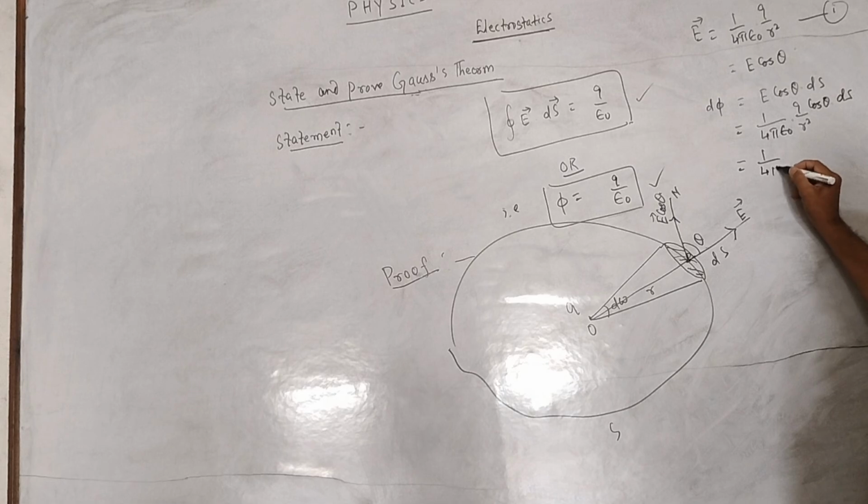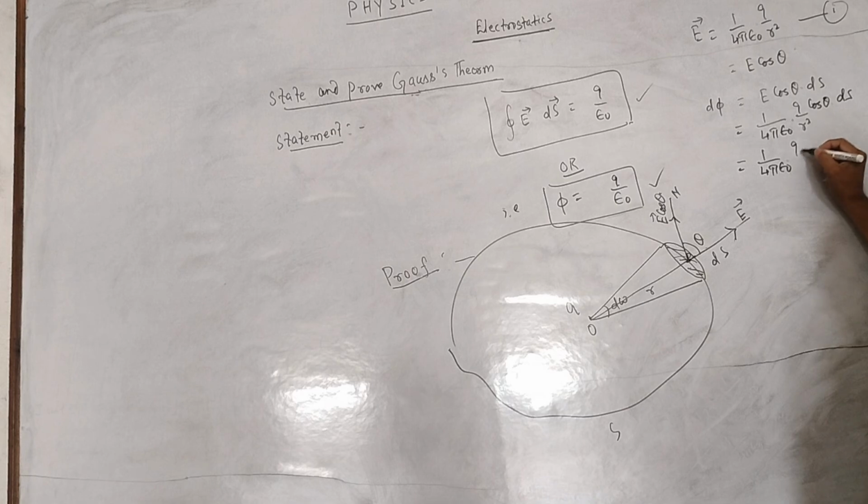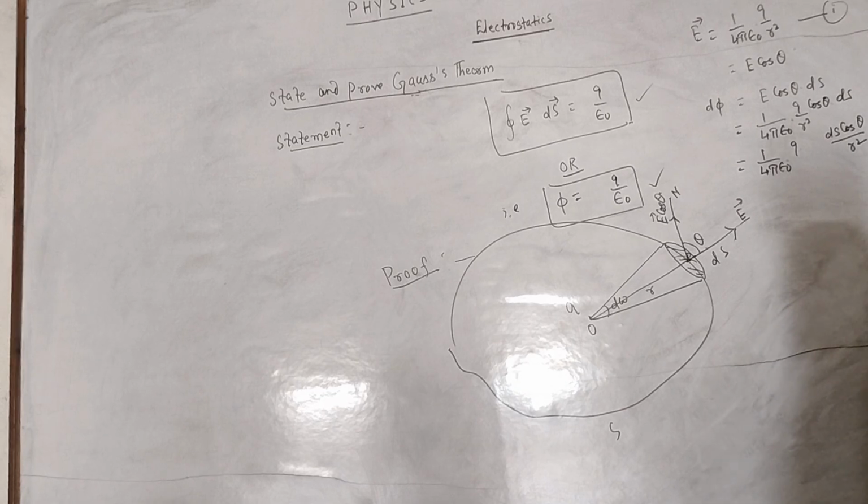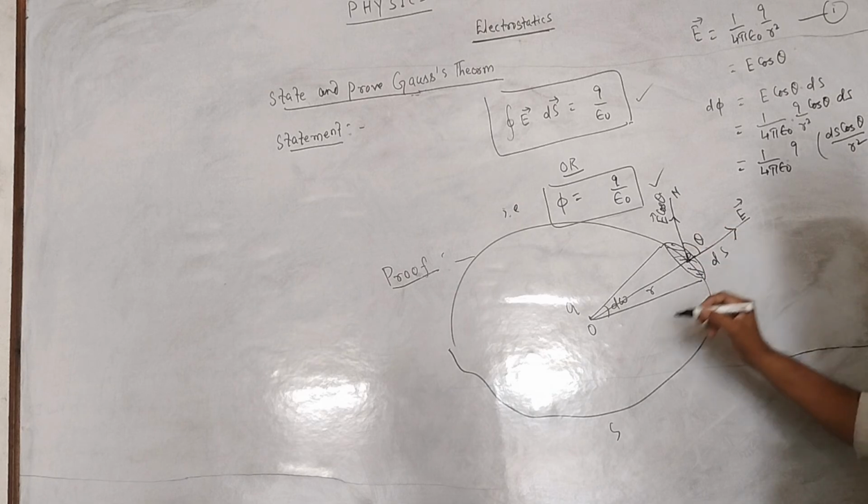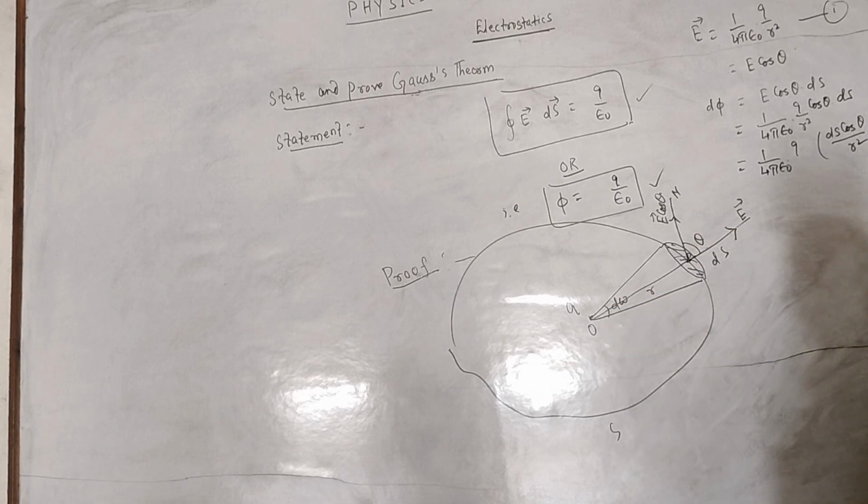Rearranging the terms, 1 by 4 pi epsilon naught Q times ds cos theta by r square.